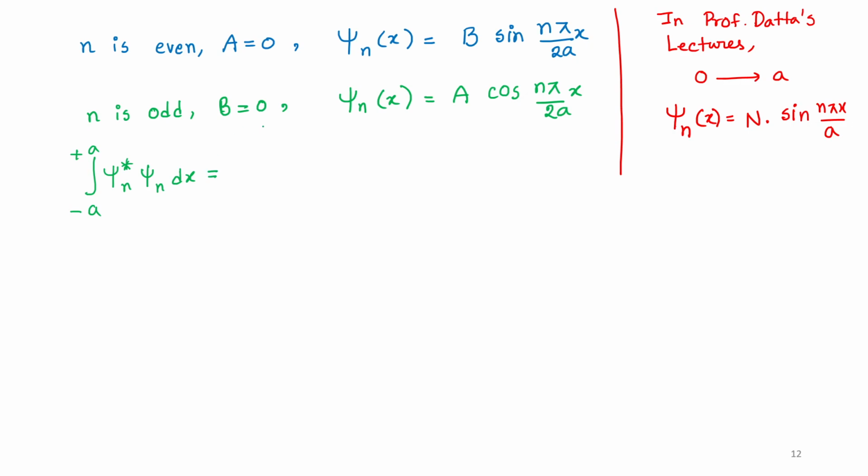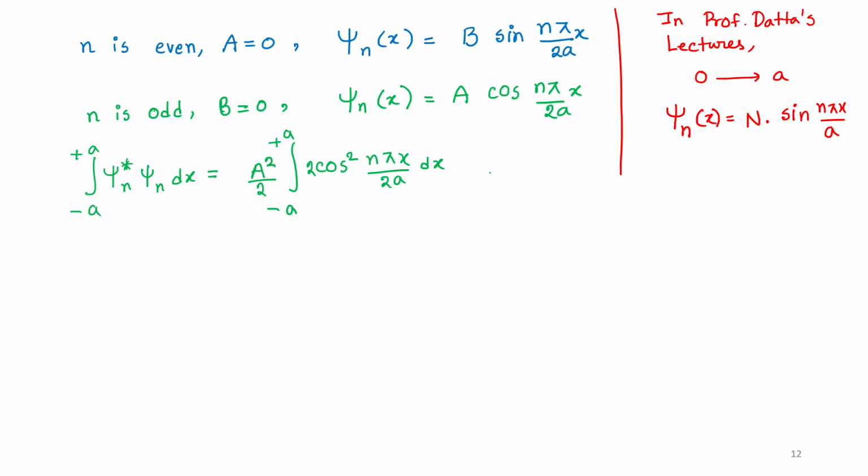So we are taking a green color. Let us do it with the below one. It is a square, right? Integral from minus a to plus a of cos square of n pi x by 2a dx. I will just multiply it by 2 and take 2 in the denominator outside the integration. Why have I done it?